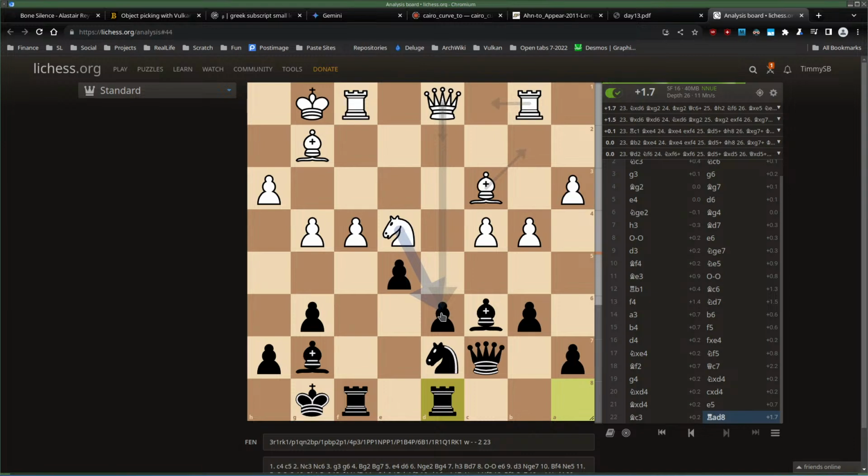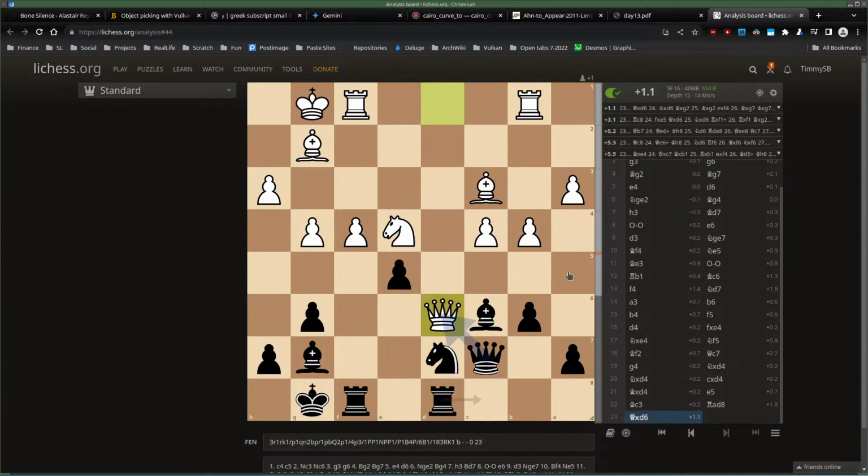The d6. Wait a minute, what did I play? A rook. Can't find it back. Ah, there it is. Yeah, I took with the queen. That's not the best move, right? That's definitely not the best move. Oh, it's almost the best move, though. Still +1.